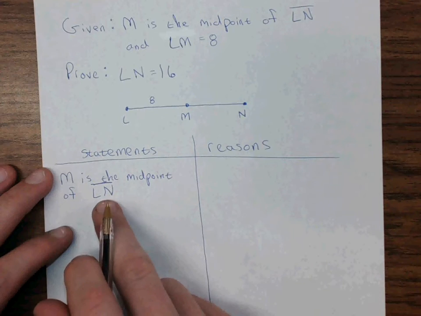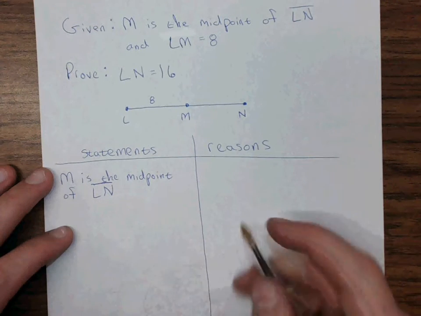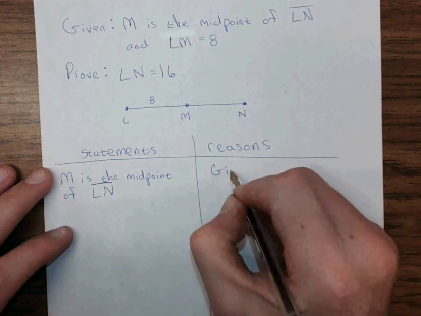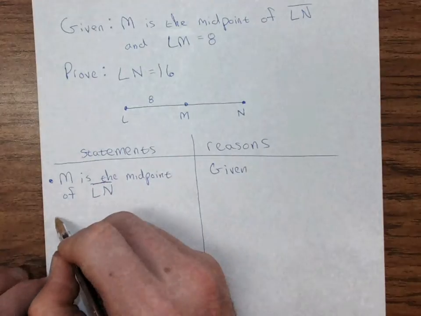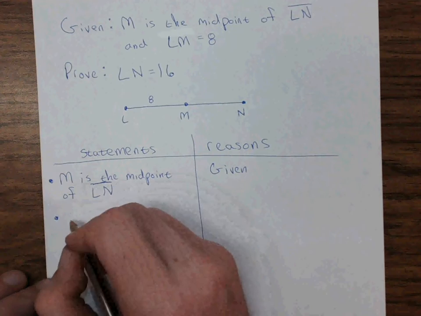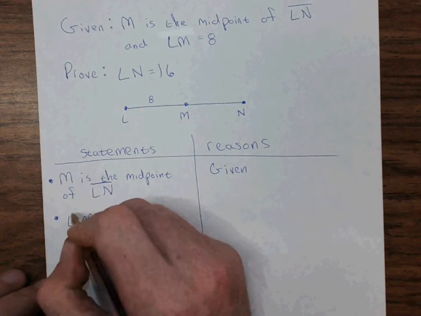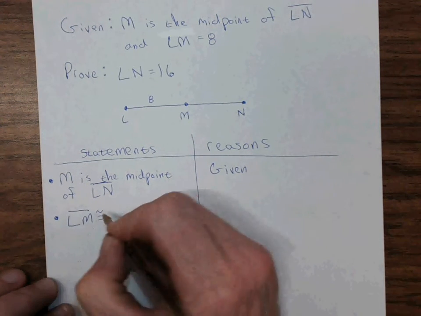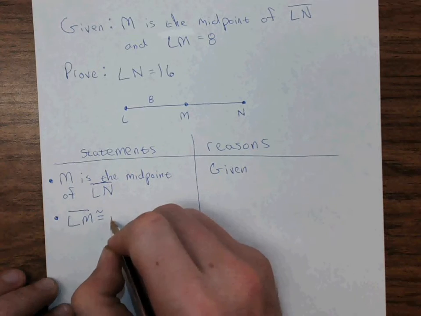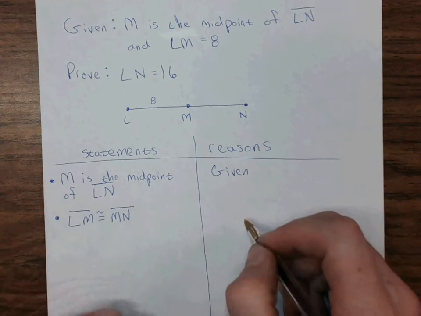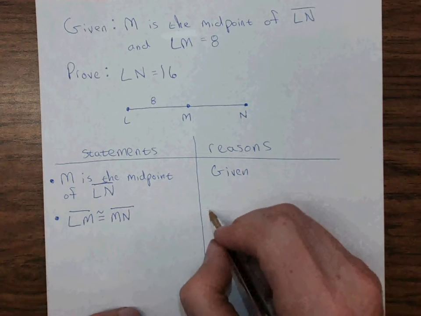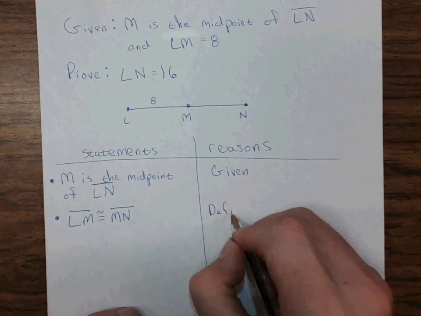M is the midpoint of line segment LN, given. That's thing 1. Thing 2, line segment LM is congruent to line segment MN. And this is the definition of a midpoint.